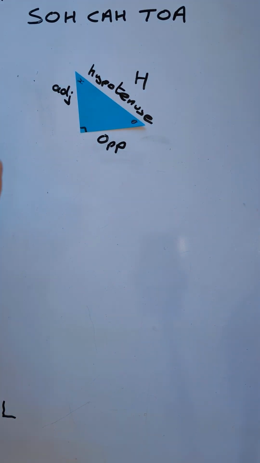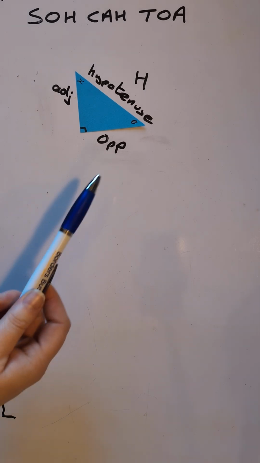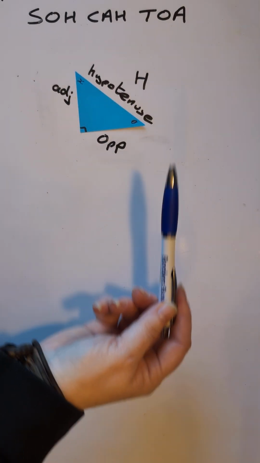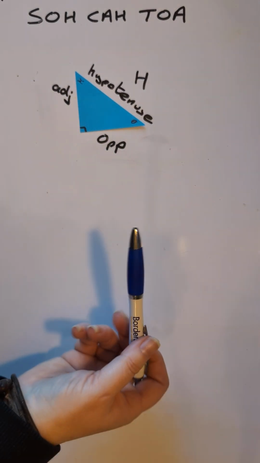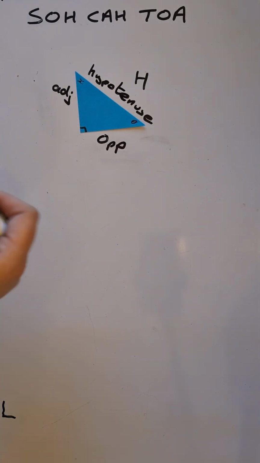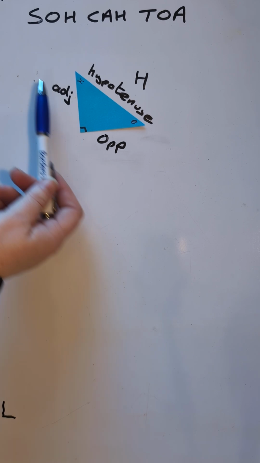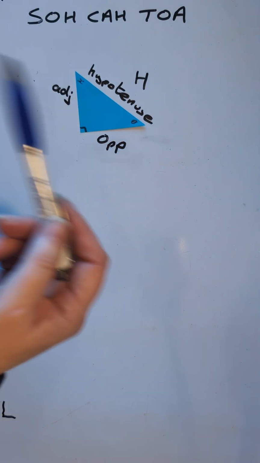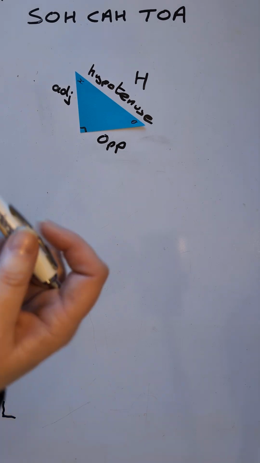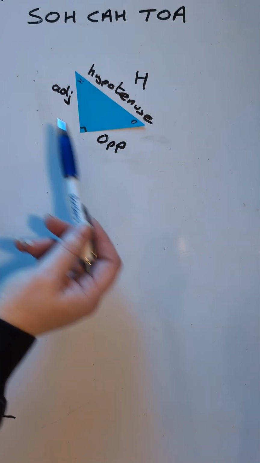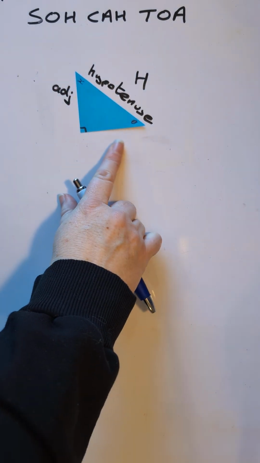So it's very important you identify which side is the hypotenuse, which angle you're working with, and whether you're dealing with the opposite or the adjacent to that angle. And it will depend on that angle which way you're working.